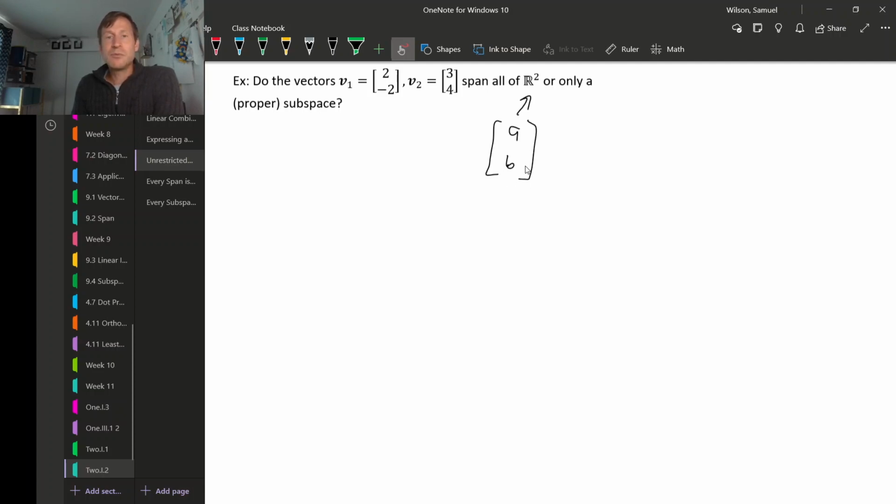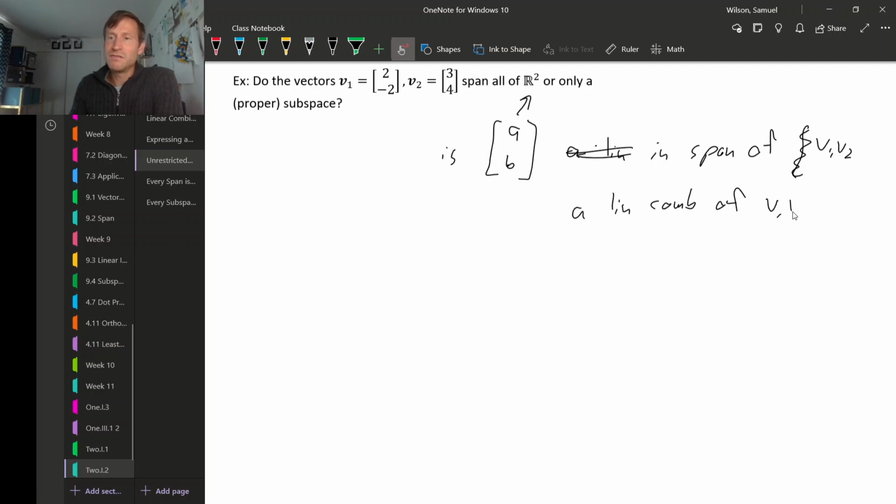And then we need to know: is it possible that (A, B), our generic representative of R2, is a linear combination of v1 and v2, in other words, is it in the span of v1 and v2?